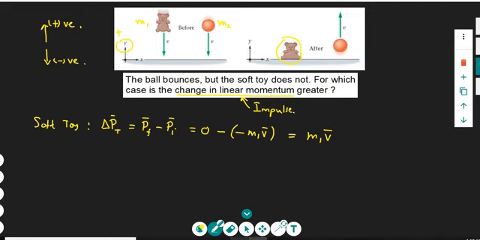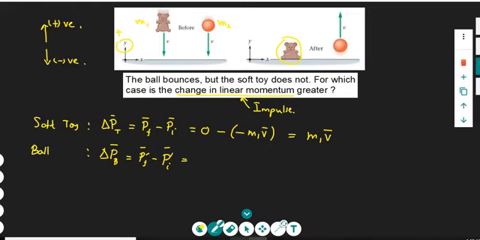Now if we consider the motion of the ball, again I can write the change in linear momentum, this time for the ball, p final prime minus p initial prime, because now it's a different quantity. Let's look at the final linear momentum. You can see the final linear momentum of the ball is not 0. It's bouncing up, in the upward direction, and that's the positive direction.